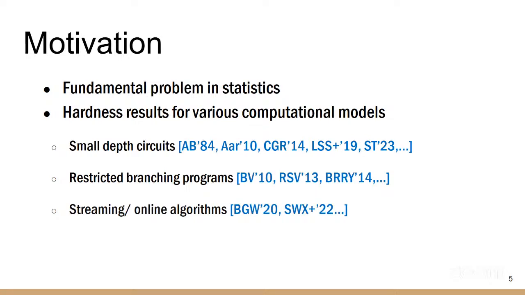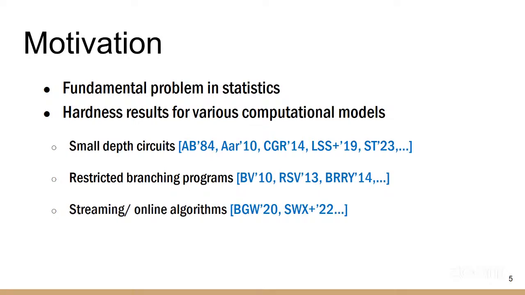For example, one of the works under small depth circuits, a recent work by Newton et al. showed that for small depth AC0 circuits, these are circuits with parity gates, which we think cannot compute majority, the coin problem was used to prove a depth hierarchy theorem.